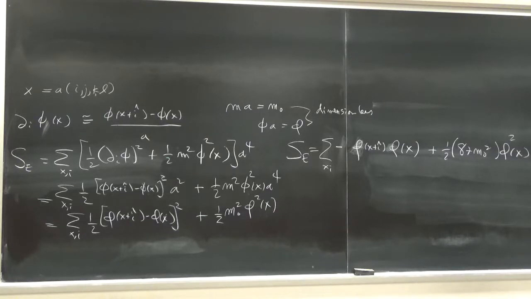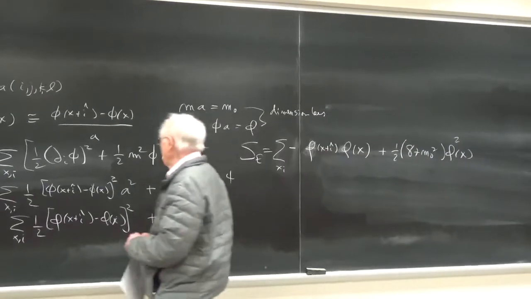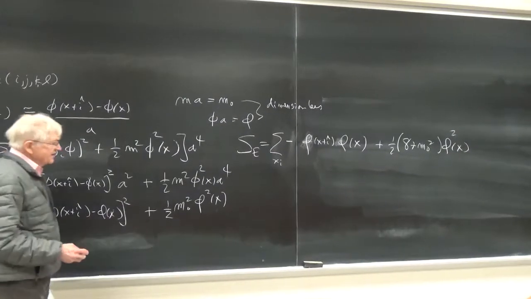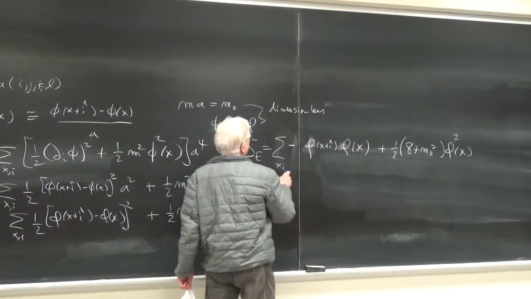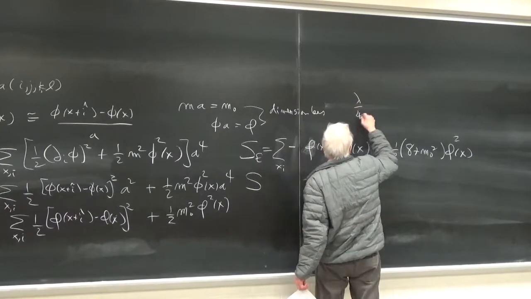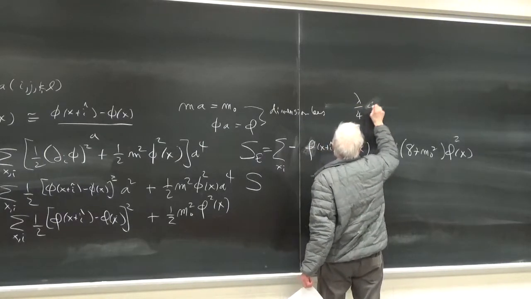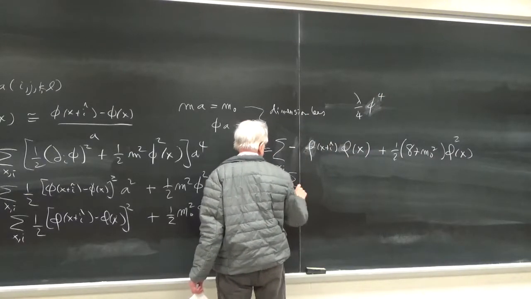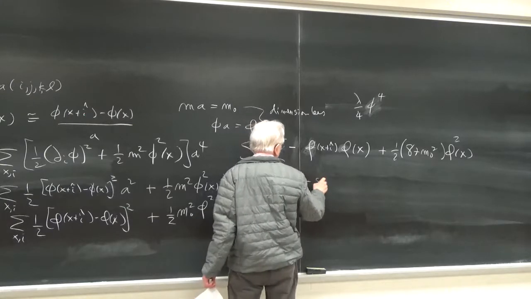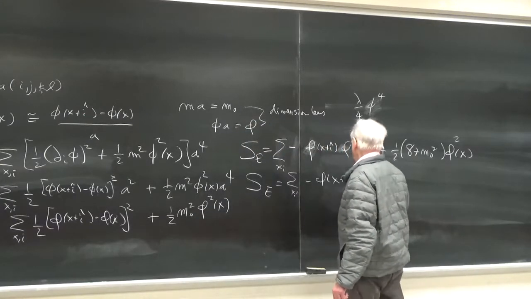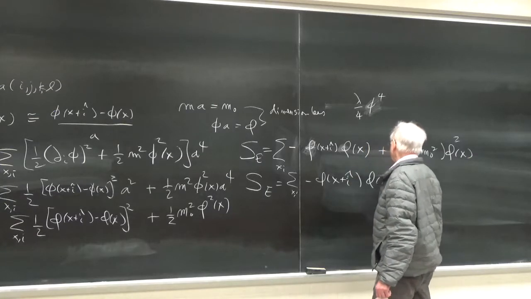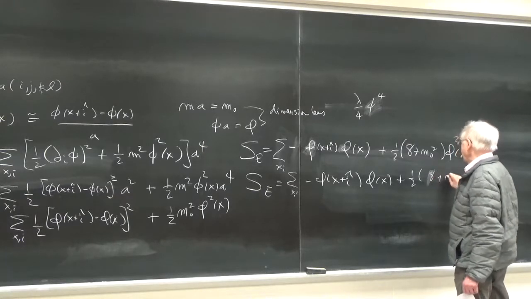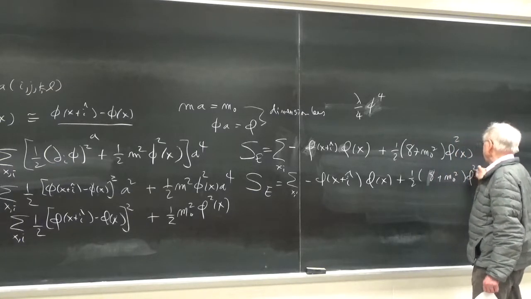And of course here I wrote down everything as if it were a free theory. If it were an interacting theory with, say, an interaction lambda over 4 phi to the 4th, then it would be a sum over x and i of minus phi of x plus i hat phi of x plus a half 8 plus m0 squared phi squared of x.